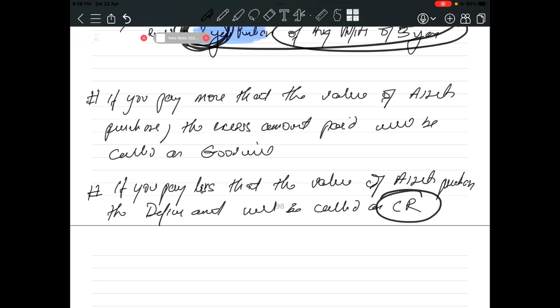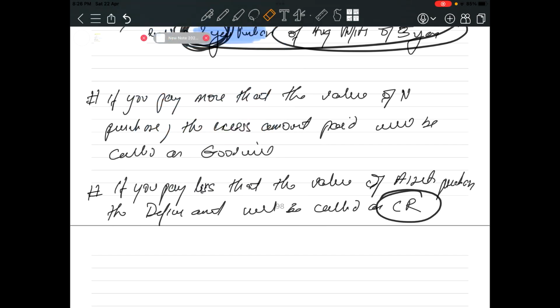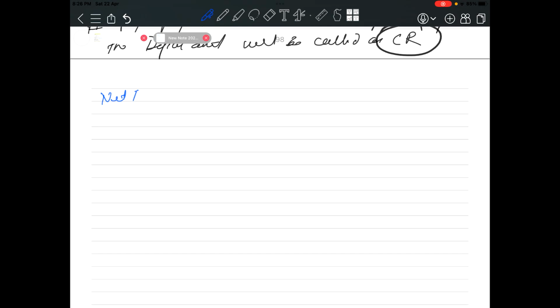Now let me make one change in this. These assets will be net assets. Now what is net assets? Net assets is equal to total assets minus total liabilities.